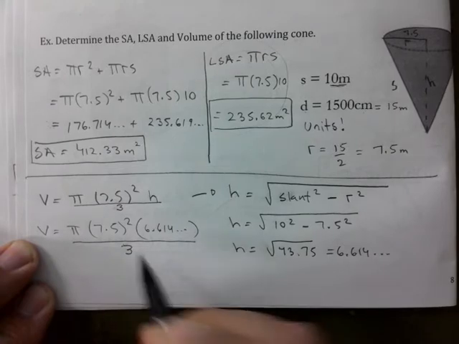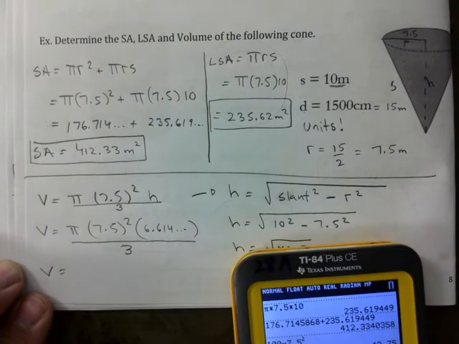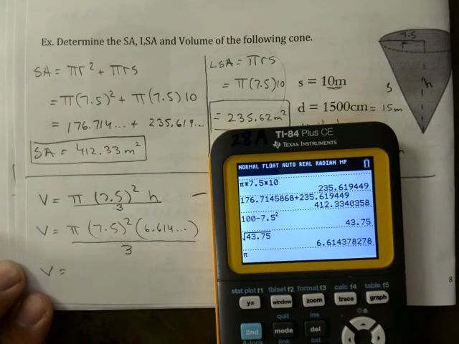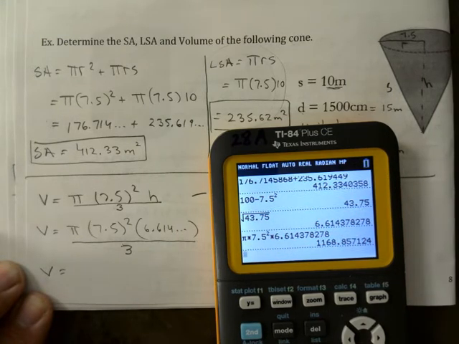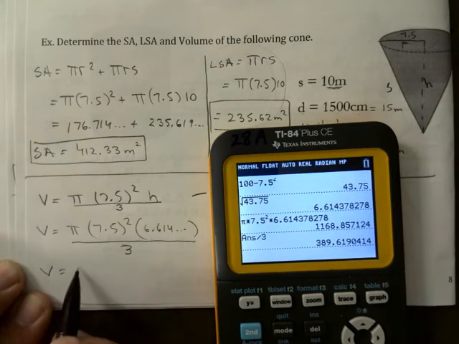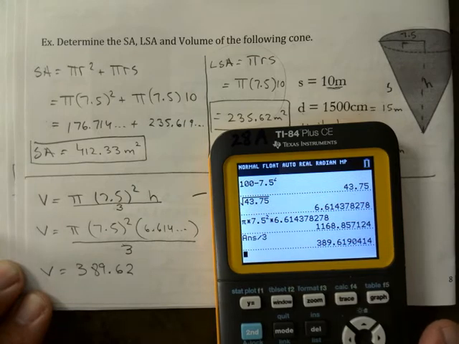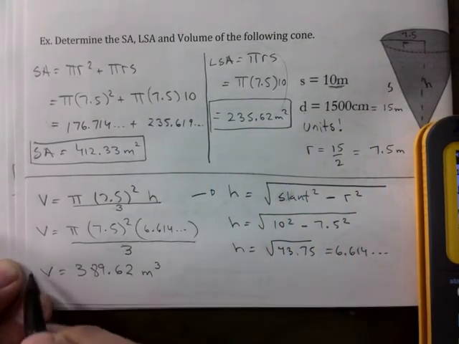I dropped the 3, so don't forget that. So I'm going to type that in. Pi times 7.5 squared times my previous answer, enter, and then divide by 3. That's 389.62 meters cubed.